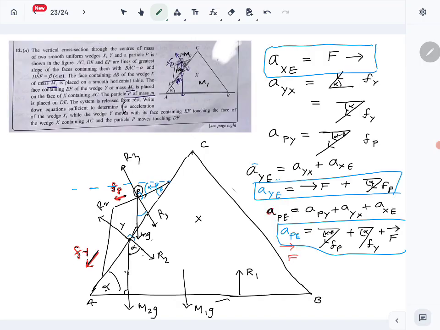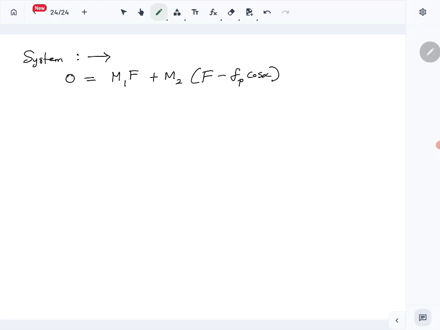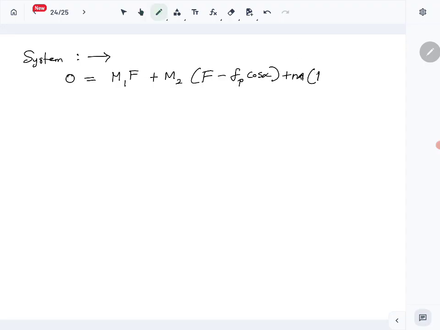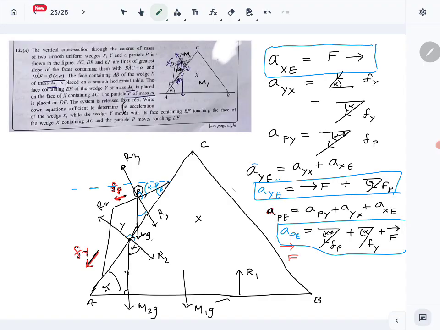Then particle p, mass is simple m. What is the acceleration? From using this we can figure out capital F is in positive direction. So F positive, the other two are negative. We want the component in horizontal direction. So this one is Fy cos alpha negative, and this one is Fp cos alpha minus beta negative.